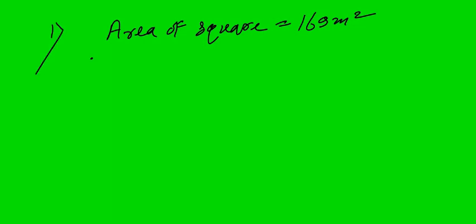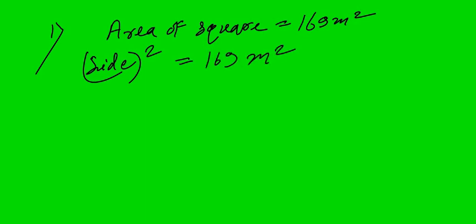So what we will do, we will write, in place of area we can write side square, because area of a square is side square. Side square is equal to 169 meter square. Now when we take the square from LHS to RHS, it will change to square root.